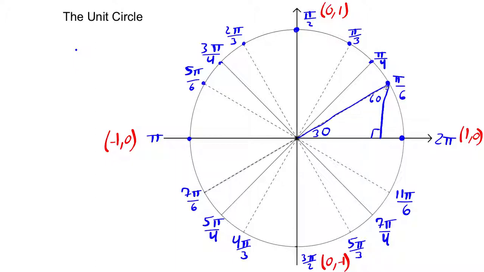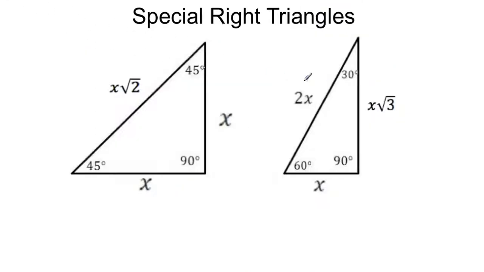Well, what about this 30, 60, 90 triangle? This is actually where our geometry comes into play because we have those special right triangles. So if we think about a 30, 60, 90 right triangle, here's our 30-degree angle. We know that the hypotenuse is the radius, which is 1.